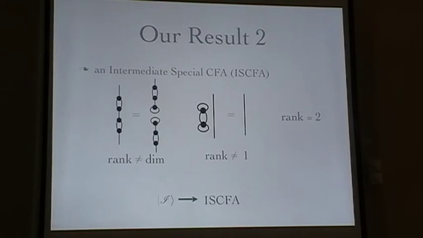Actually, this definition uses the rank of this loop. It can be easy to verify by this example. This rank is equal to 2. Assume that the dimension of the quantum system is not equal to 1, and the left equation means the rank is not equal to their dimension, because this right side is a discrete line.